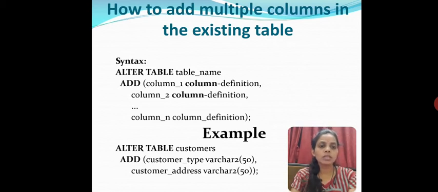Which columns? Customer type varchar 250. Which type of customer do we want to know, is it a regular or only visiting sometimes? Then customer address varchar 250. Earlier we added only one column, now we have added multiple columns.